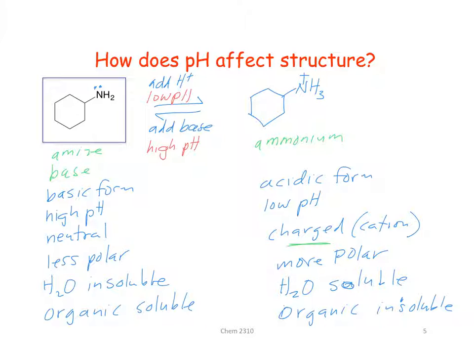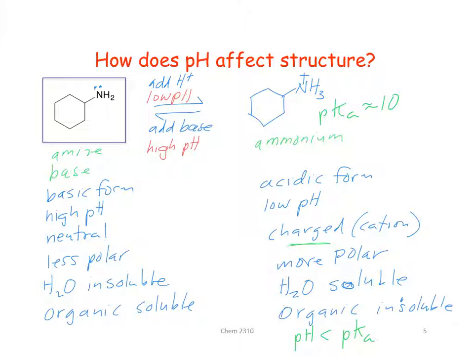Now, we can predict which direction it goes if we compare the pH to the pKa value for the acid. Here, the pKa value of the acid would be about 10. The compound is going to be in its acidic form when the pH is less than the pKa.